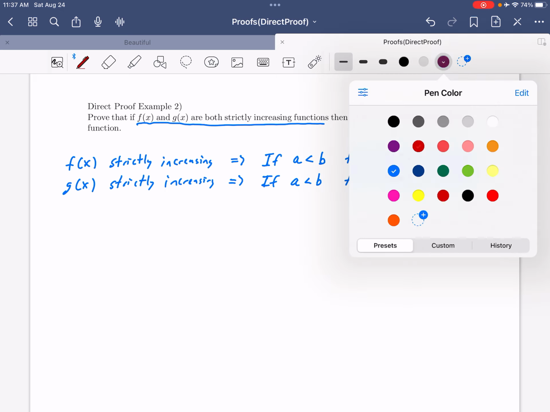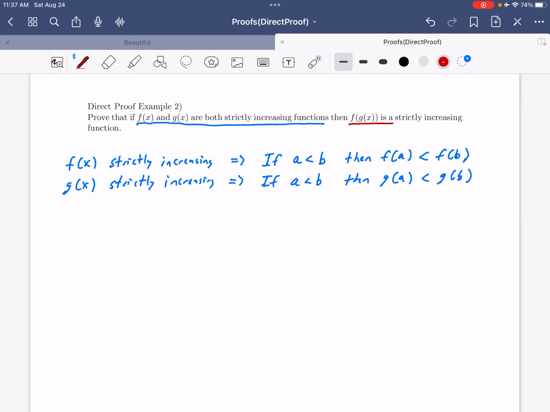All right, let's talk about our need to show, right? We need to show that f of g of x is strictly increasing. So once again, we'll translate that.